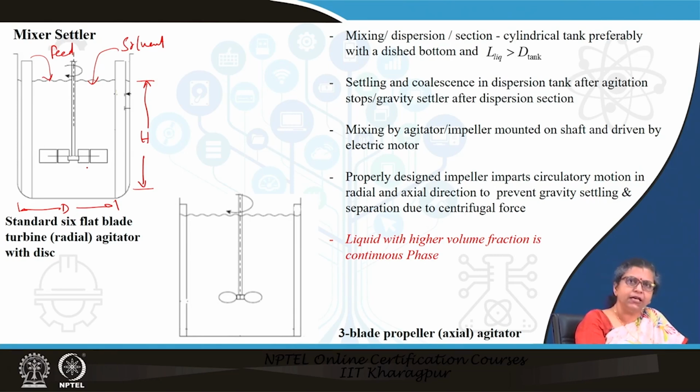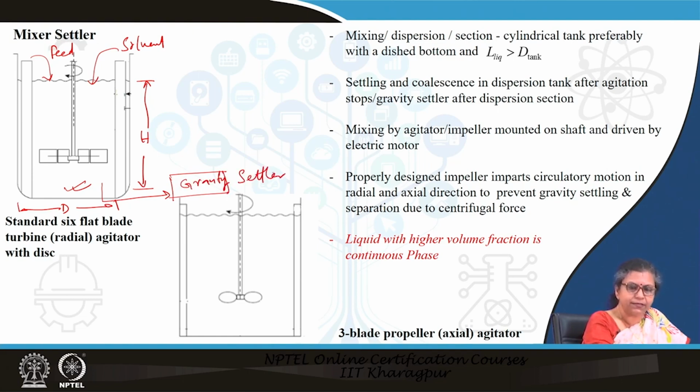Quite often the mixing and the separation occur in the same tank. After the mixing is over, the settling happens. It can also happen that after the operation, we take the mixture into a gravity settler, and in this gravity settler, the two phases get separated by gravity.